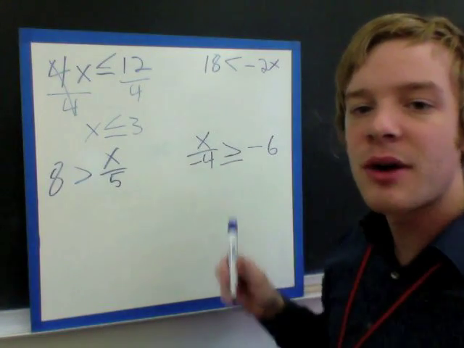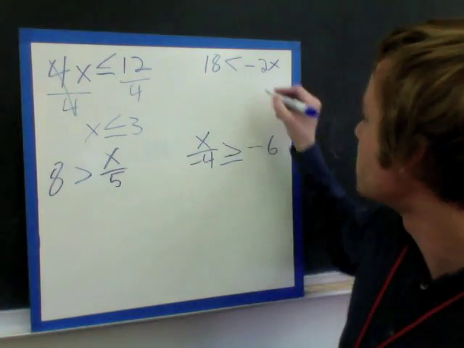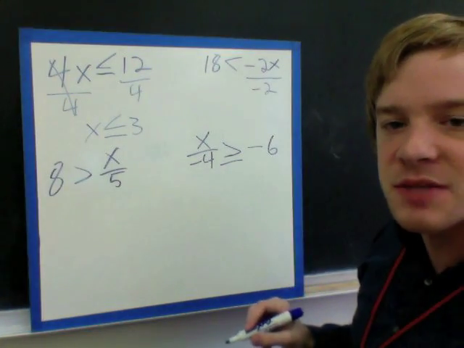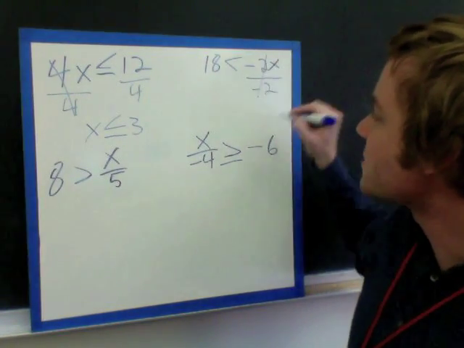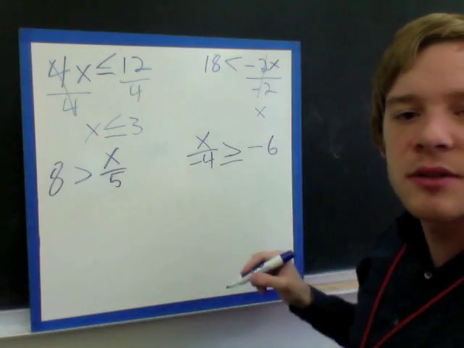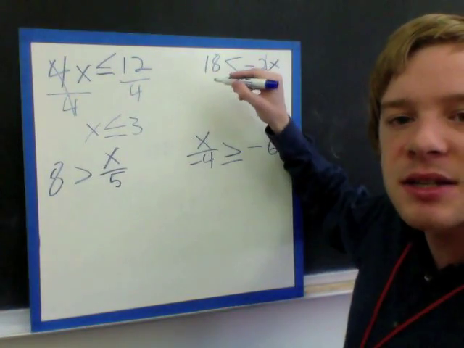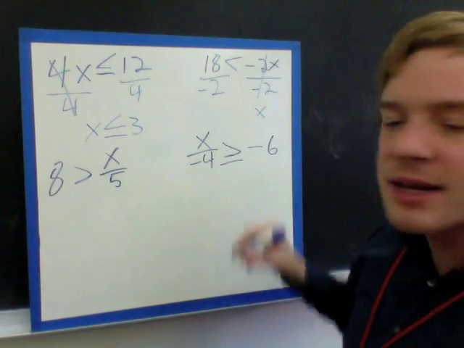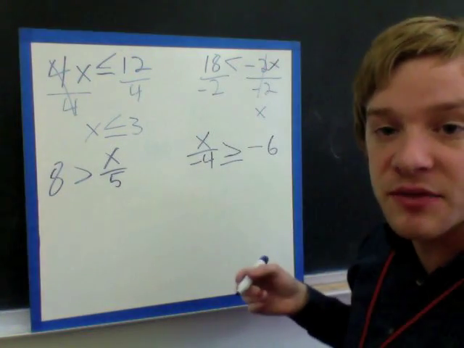So now I'm going to divide by negative 2. Because I want to get the x by itself. These cancel. The x comes down. The 18 needs to be divided by negative 2. And 18 divided by negative 2 will give us negative 9.